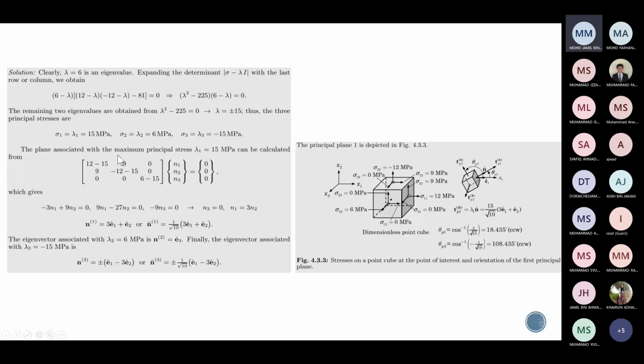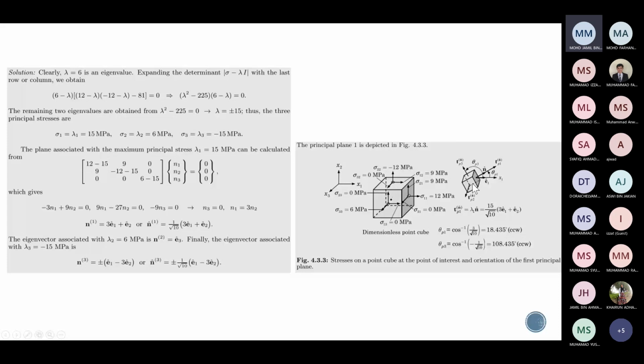The meaning of principal stress is that if you rotate this body at the right angle, you will find that at a certain angle there exist only three stress values, which are 15 megapascal, 6 megapascal, and negative 15 megapascal, while the shear stresses now become 0.